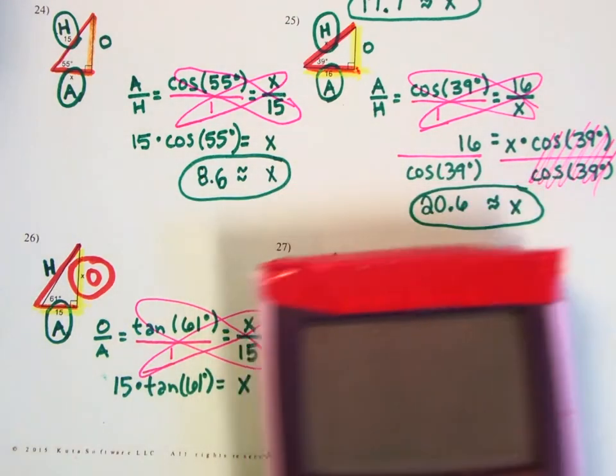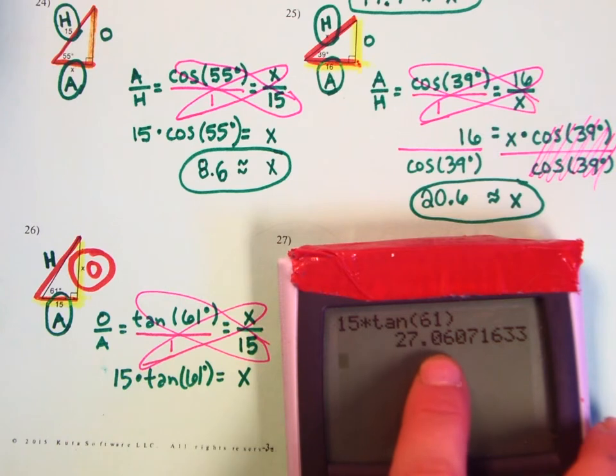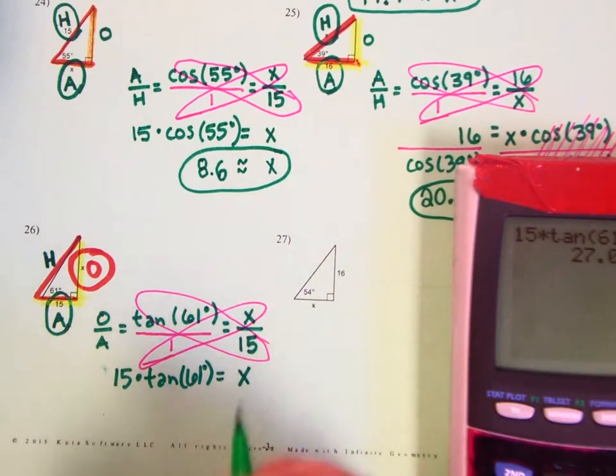So on our calculator, we just punch in 15 times the tangent, make sure you're in degree mode, 61 degrees, and to the nearest tenth, that rounds to 27.1, because this rounds up, since that's 0.6. 0.6 rounds up to 0.1. So x is approximately 27.1.